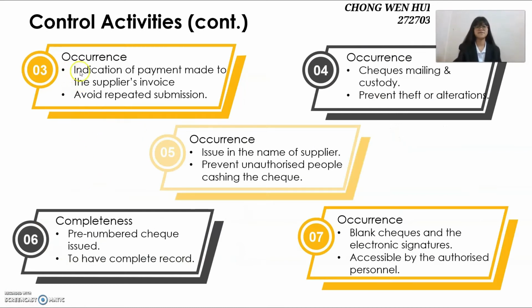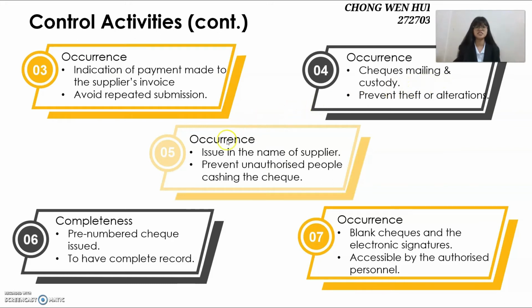Moreover, to achieve occurrence, the following control activities should be conducted. The first is that an indication of payment will be displayed on the supplier invoice after the payment is made, and this helps to avoid repeated submission of payments. Besides, to prevent theft or modification, the check signer is responsible for the checks' mailing and custody.